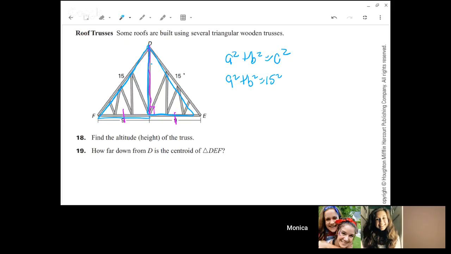So then we can use Pythagorean theorem to solve for that missing side. And then for 19, that's going to be like the warm-up we did yesterday in class. You're going to have to multiply by the proportion in order to see what distance it is from that angle.